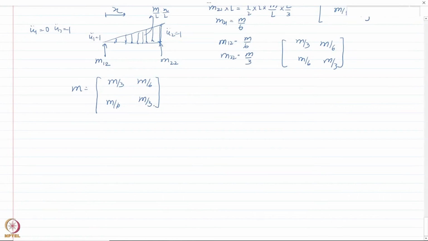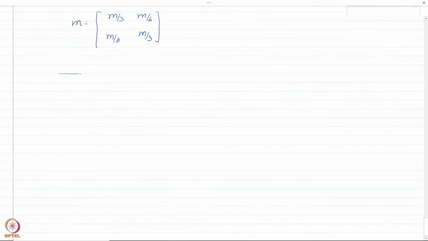Now if you look at it, I have this bar here in which the applied forces Pt and P theta are actually not applied at the degrees of freedom u1 and u2. So I need to find out the equivalent force system for this so that Pt and P theta can be rewritten along the degrees of freedom u1 and u2.